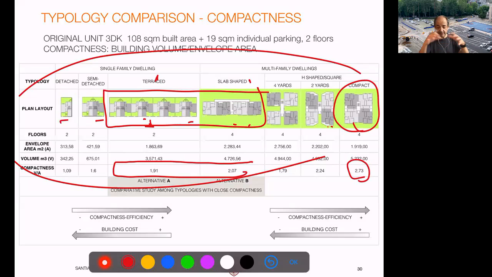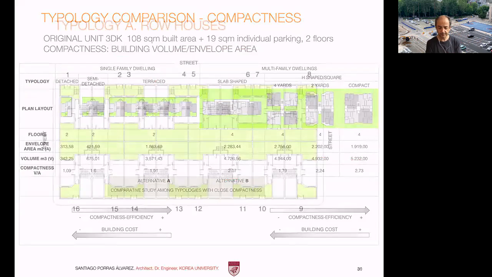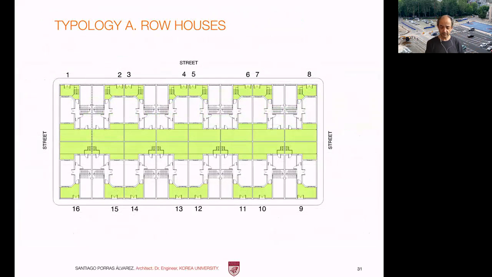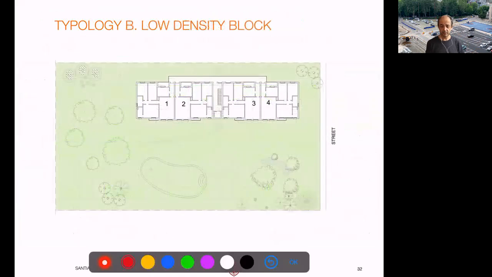That means you have less area for the same volume, so you have less heat energy losses. But we thought we have to compare solutions as close as possible. Right? So these are the two solutions we compare. This is the result of the row houses, and this is the result of the blocks, in which we have time or money to put a swimming pool in the garden.